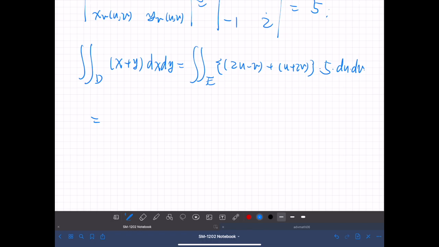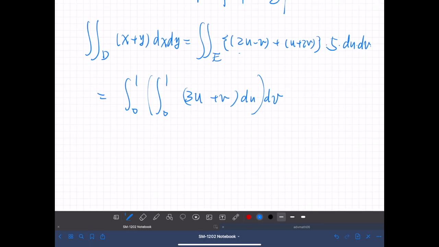And we can integrate by iterated integral. So that is from 0 to 1 and 0 to 1 of 3u plus v. Let's try to integrate this. If you integrate with respect to u, you get 3u squared over 2 and vu.